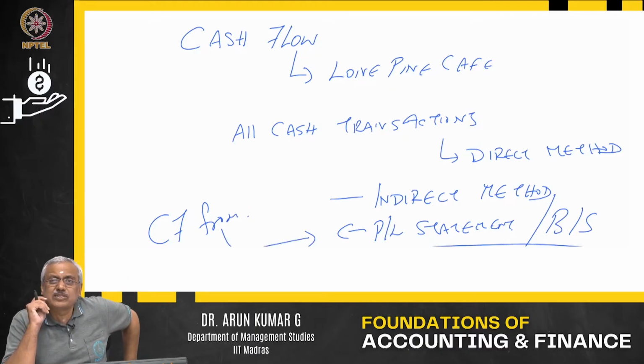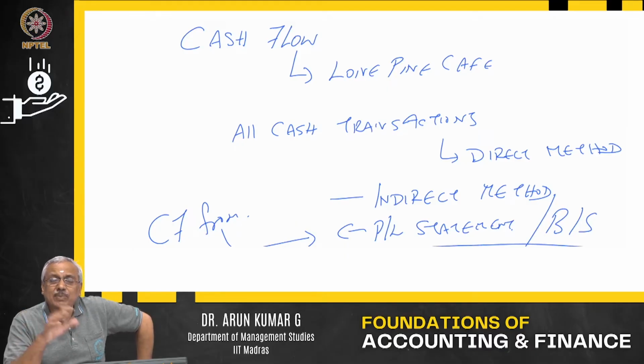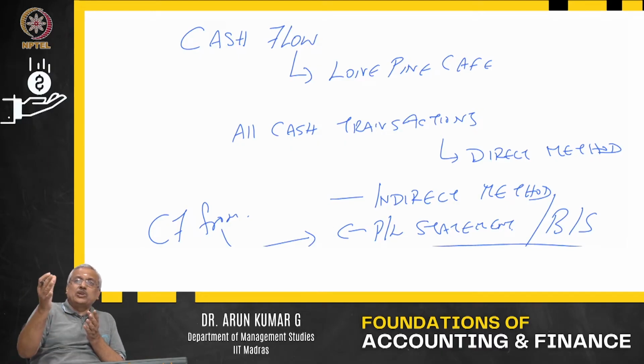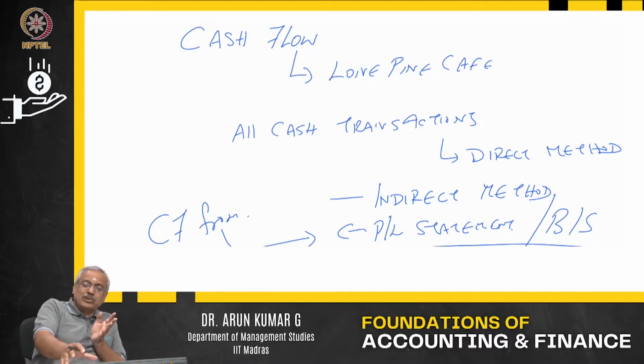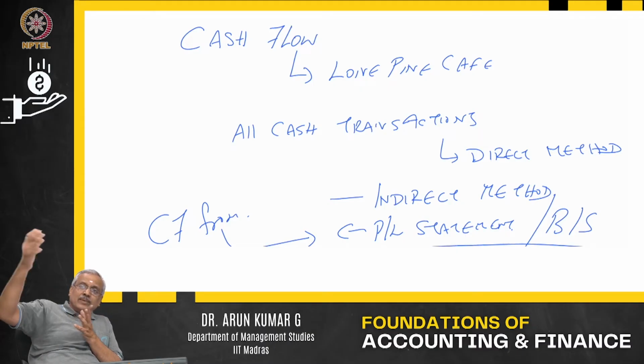That is what we call indirect, and that also acts as a method to check the accuracy of all your three financial statements. I should be able to decipher the cash flows from the balance sheet and the P&L. When I say balance sheet, I mean the opening balance sheet and the closing balance sheet.